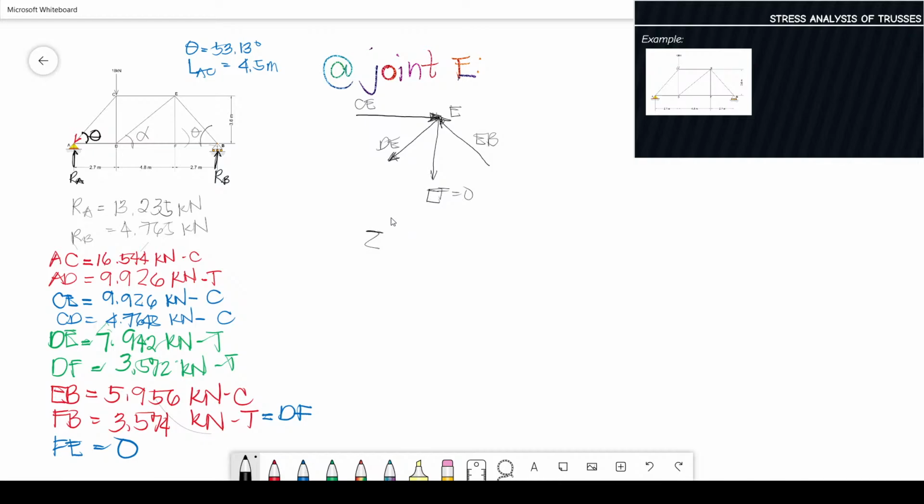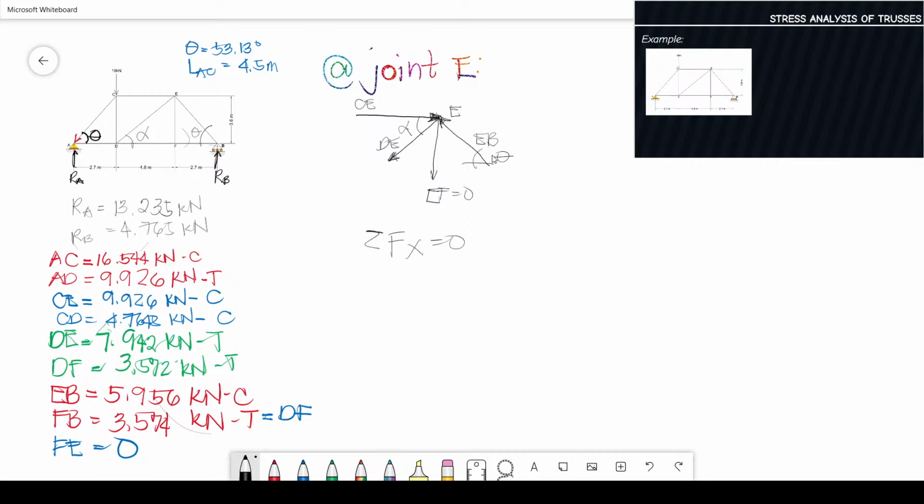What do you want to do first? This is alpha. Summation of F of X. So, aton summation of F of X, we have EB. EB and aton angle is theta.